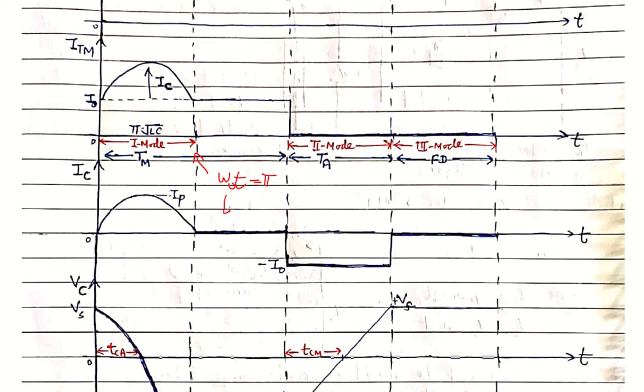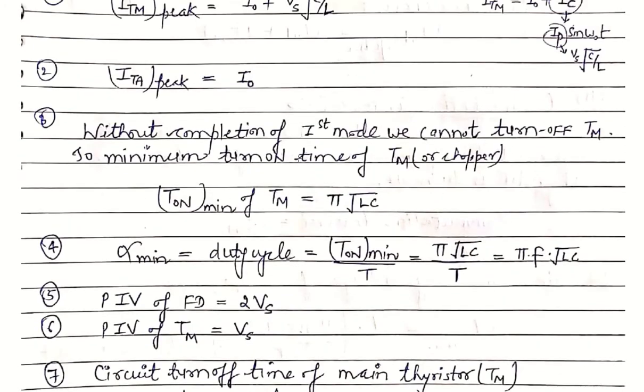If you want to calculate the time period, then t equals pi by omega naught. If we put omega naught as 1 upon root LC, then the time period is pi root LC. So this amount of time is the minimum turn on time of the main thyristor. So T on minimum of TM will be pi root LC.